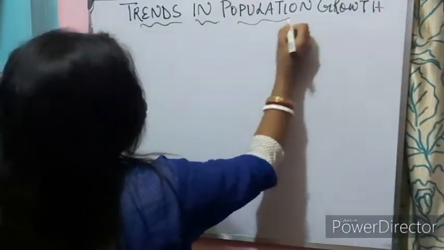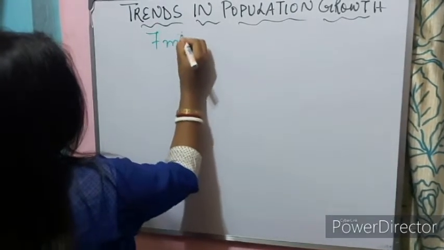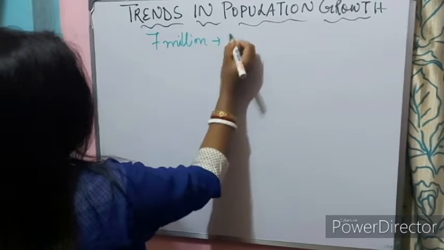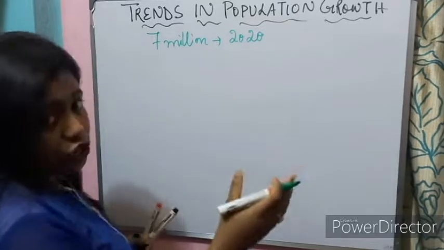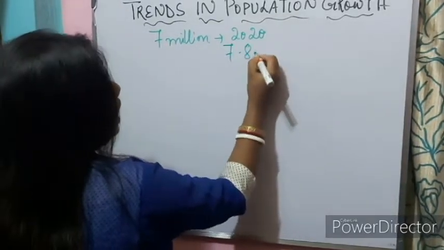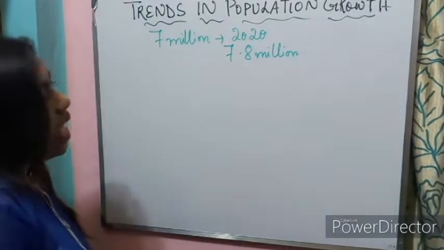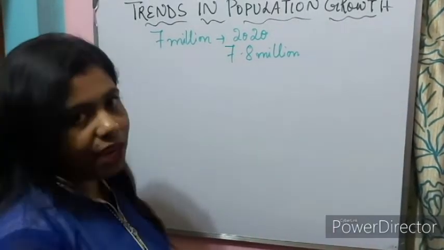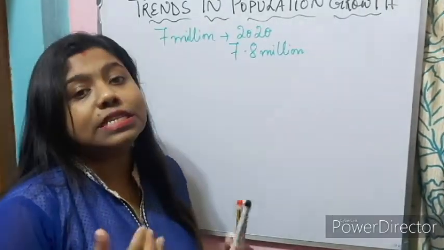The population of the world currently is more than 7 million. According to the data of 2020, the exact population of the world is 7.8 million. Now the question is how the population increased. The population grew to its size over centuries.